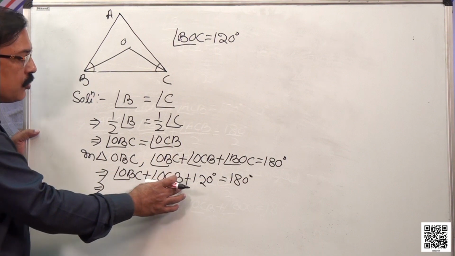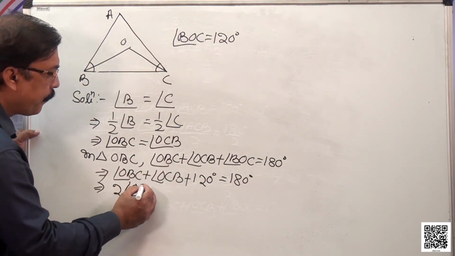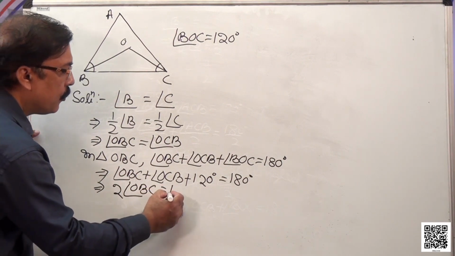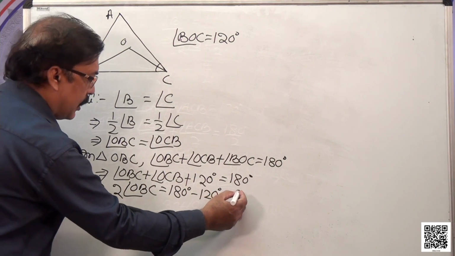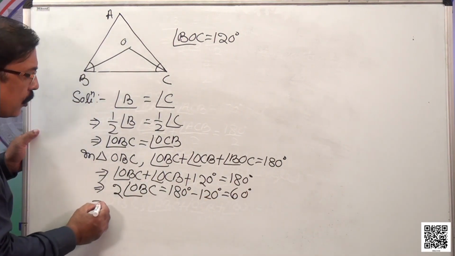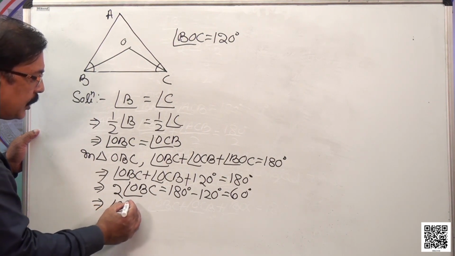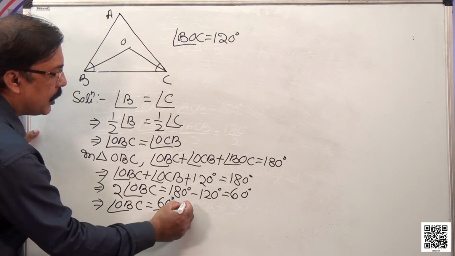So OBC plus OCB is same as 2 OBC, which is equal to 180 degree minus 120 degree, that is 60 degree. This shows that angle OBC is equal to 60 degree by 2, that is 30 degree.